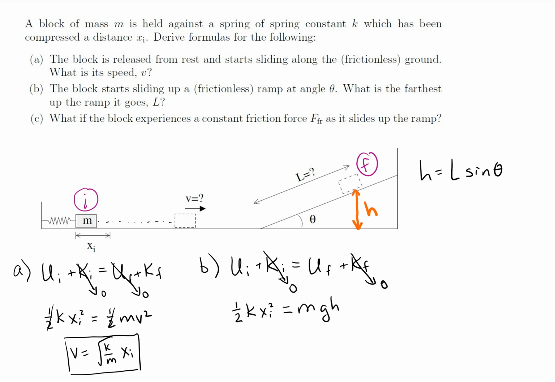And so then I can plug that in here. So mgh is the same as writing mgL sine theta. So if I want to solve for L, I can just do that. So I get L equals k x initial squared over 2 mg sine theta.